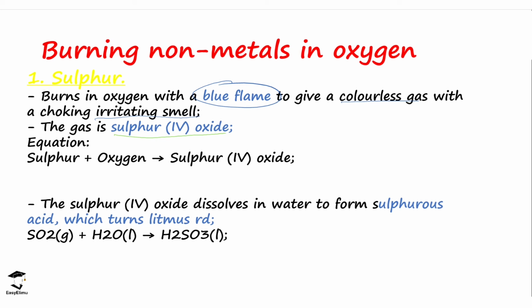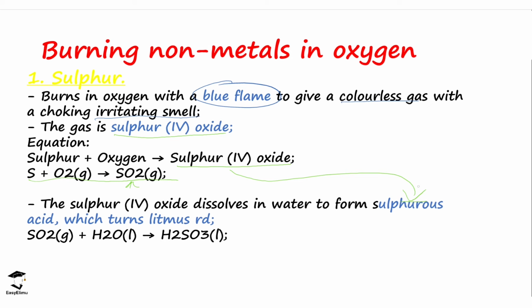So in this equation, when sulfur reacts with oxygen, it gives sulfur oxide, and this is the chemical equation. You can see sulfur oxide is also written like this. We're going to discuss this chemical equation outright later on in Form 2. And this product, when you dissolve it in water, forms sulfurous acid.